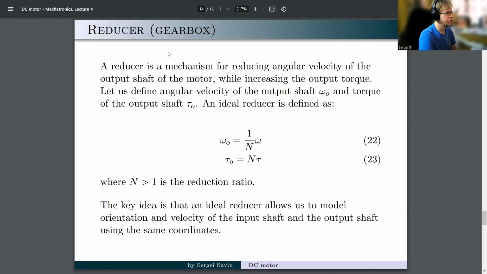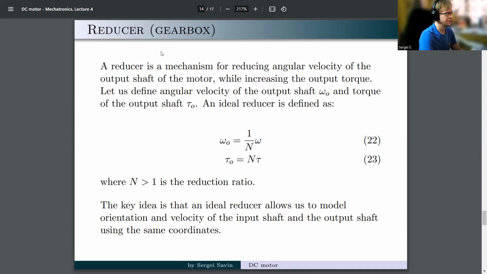Almost always reducers specifically reduce angular velocity to gain output torque. This is very typical, because usually output torques are comparatively low for almost all motors, while the angular velocities are comparatively high. So it almost never makes sense to make angular velocity even higher and torques even lower. In fact, the opposite is the case.